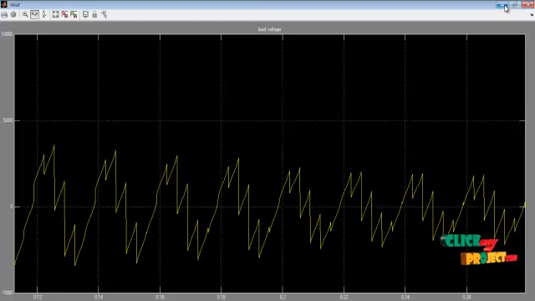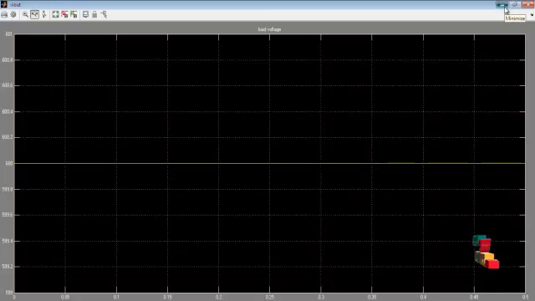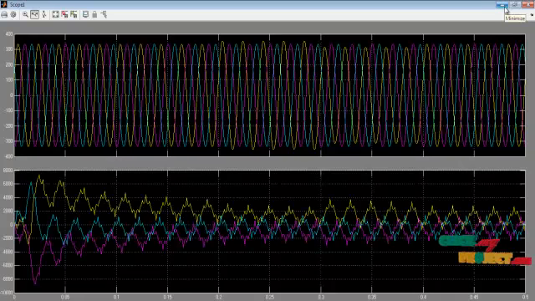First is the input current waveform, and next is the input voltage waveform, whose range is 600 volts. This is the inverter output, the grid side output voltage and current waveform.